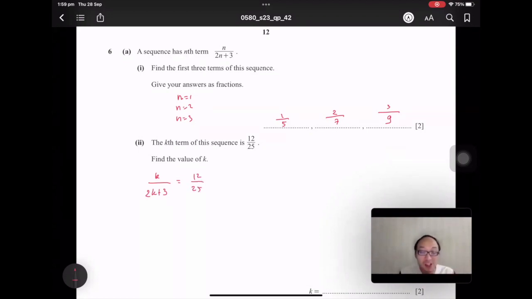So we cannot say that k is 12, because if we put k is 12, the denominator will not equal 25. So we do the cross multiply. So it's 25k equals 24k plus 36. So k equals 36.